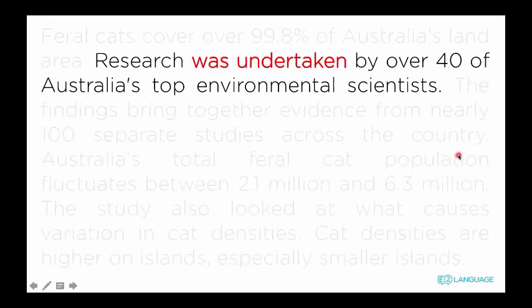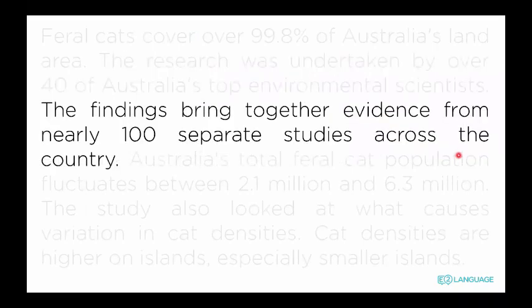Was undertaken. It's a verb, it's more than one word. There are 2 parts to that verb. The findings bring together evidence from nearly 100 separate studies across the country. Bring together, that's actually a verb and preposition together. It's called a phrasal verb. So we can see here that the verb has more than one word, 2 parts to that one verb.